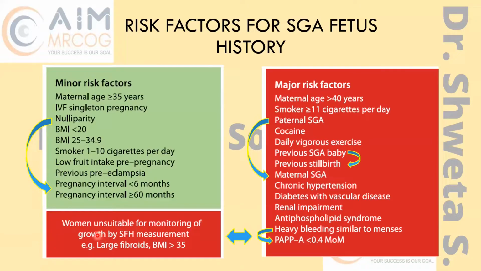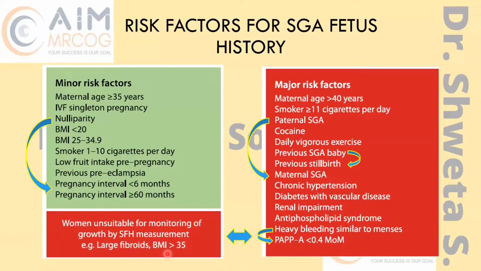In this pregnancy, she has a large fibroid. Definitely, if large fibroid, then symphysiofundal height measurement, which they usually do for screening, is not going to be effective. So you have to go to the next step, which will be umbilical artery Doppler. Large fibroid, because size cannot be measured per abdomen. BMI more than 35, because your findings won't be accurate. Or polyhydramnios.